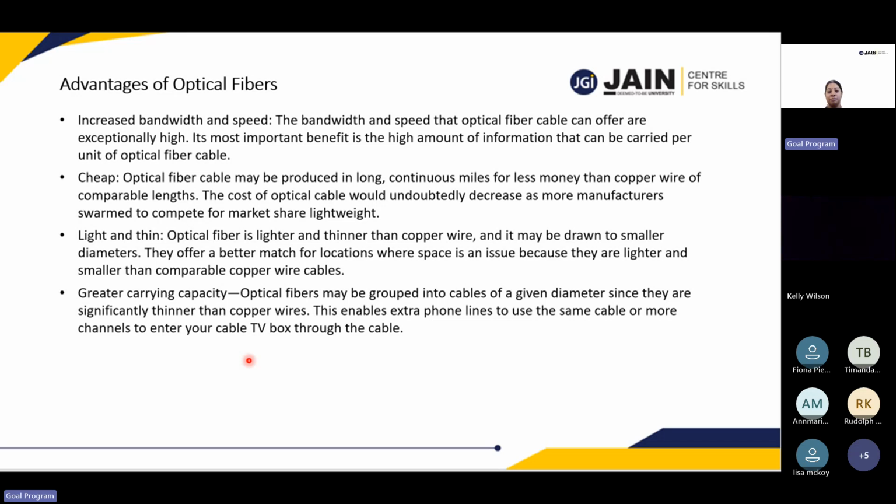Nowadays, for example, in my country, in my home, if I have taken the internet connection from the Airtel company, they are the providers of the internet. The same cables are used for my internet and also for my TV box.